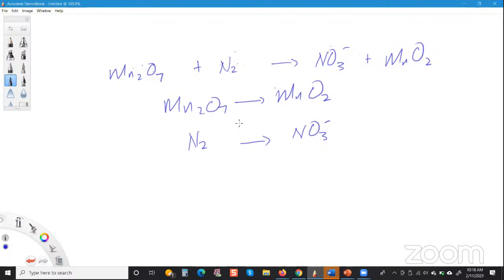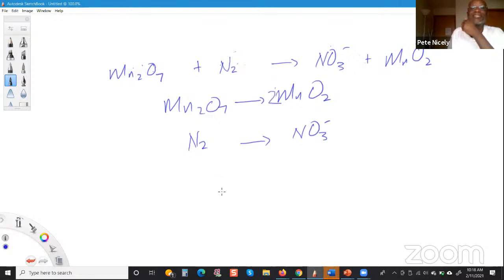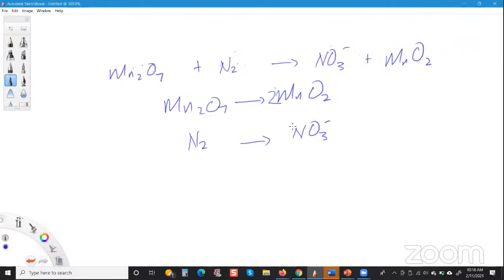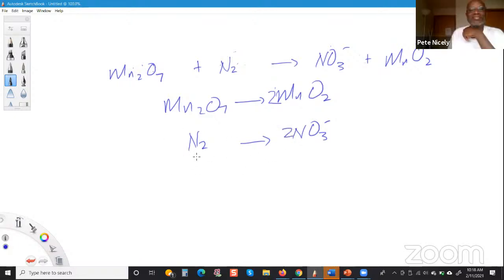You need a 2 on the right side, in front of the MnO2. What about the second half equation? You need a 2 on the right side as well. Exactly. Because you have 2 nitrogens here, that means you need a 2 in front of the NO3 minus here. Okay, very good.